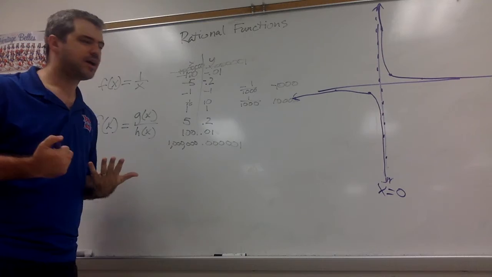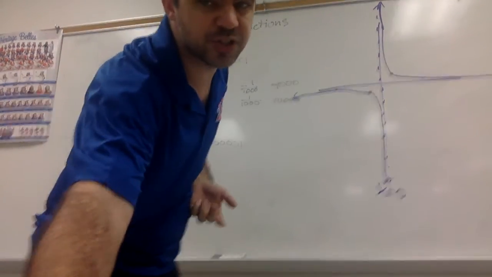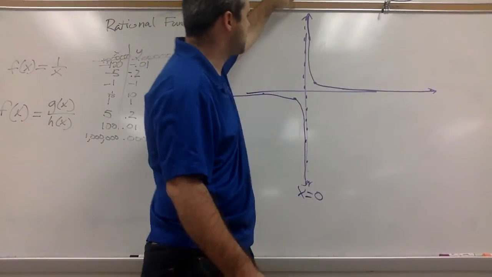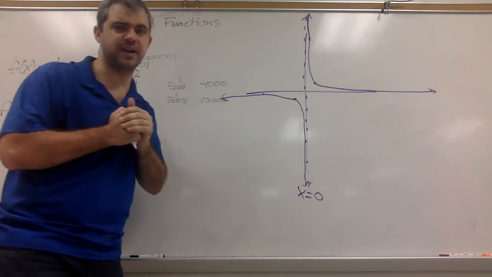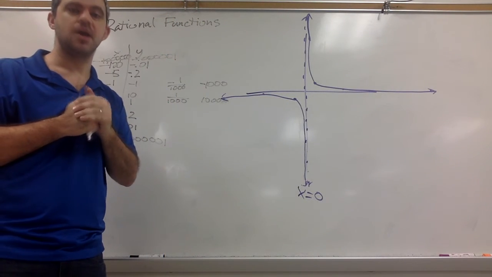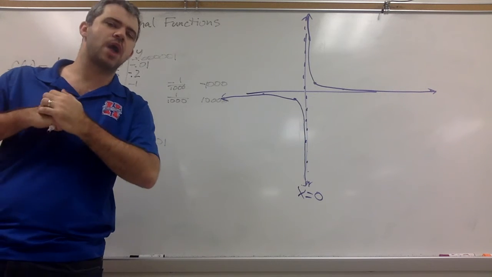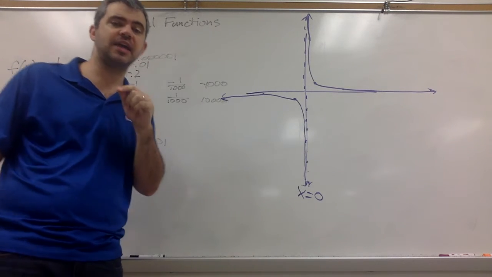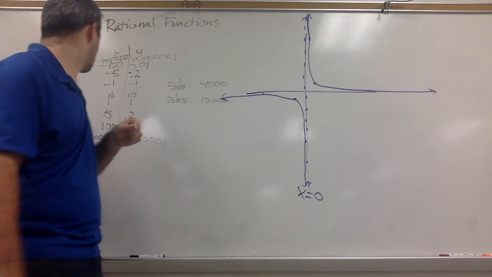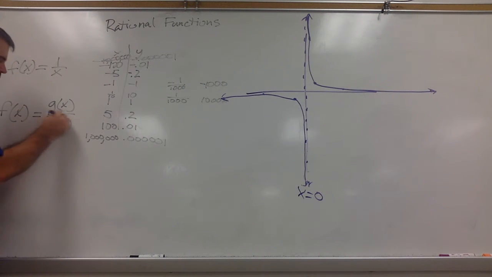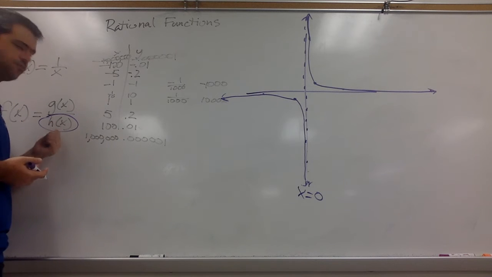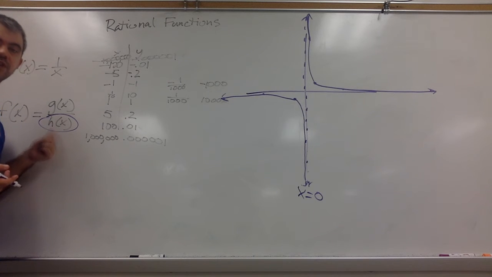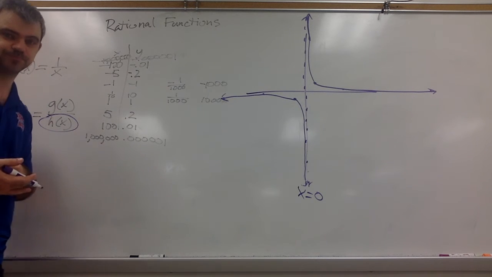That's not allowed. Whenever I get close to it on the positive side, I go to positive infinity. Whenever I get close on the negative side, I go to negative infinity. So anytime we have a rational function, you can find its vertical asymptotes wherever your denominator equals 0.